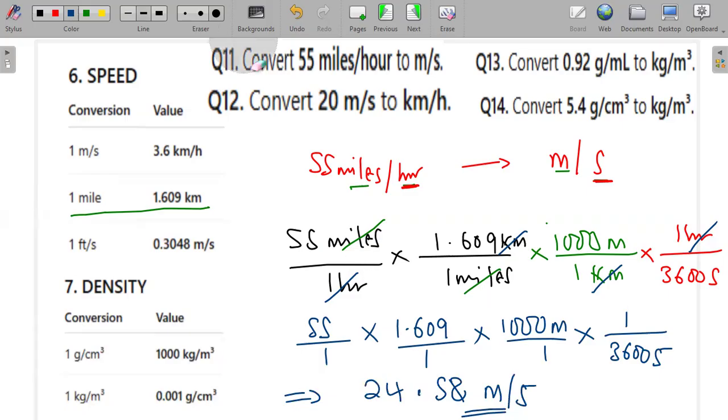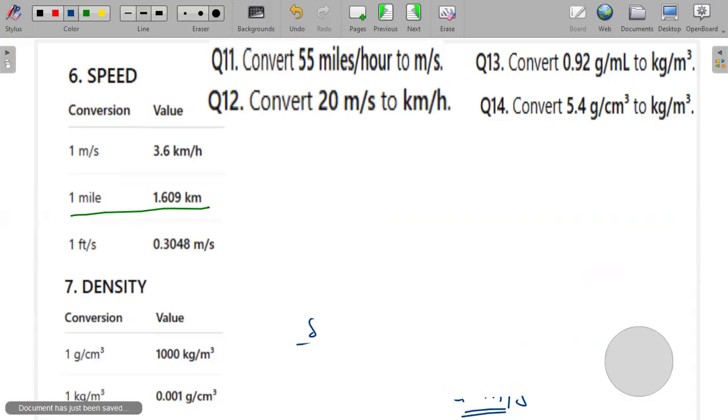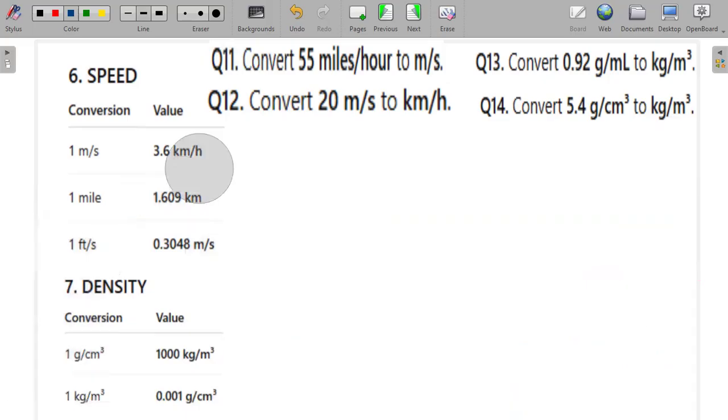What about question 12? Question 12 is very simple because they are saying from meters per second to kilometers per hour. So 20 meters per second, I'm converting to kilometers per hour. I'll multiply by the conversion factors.